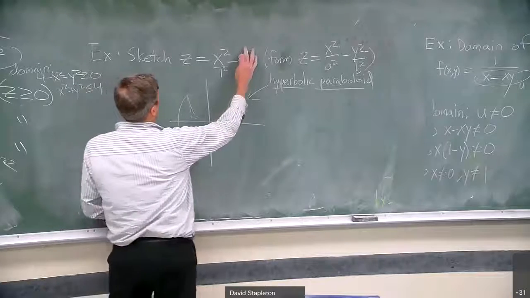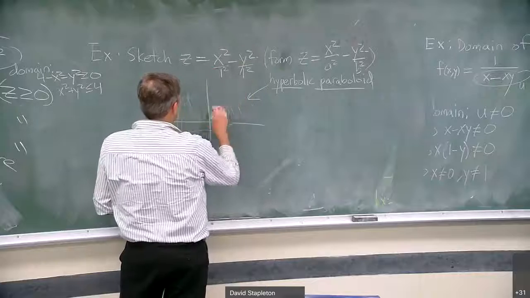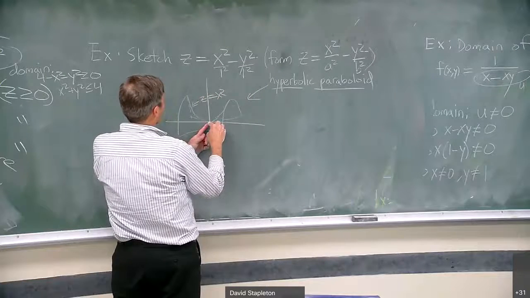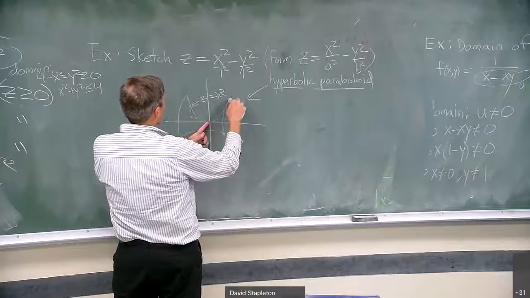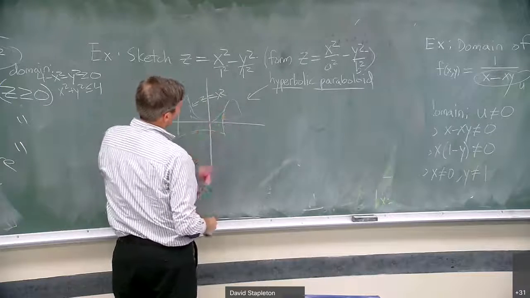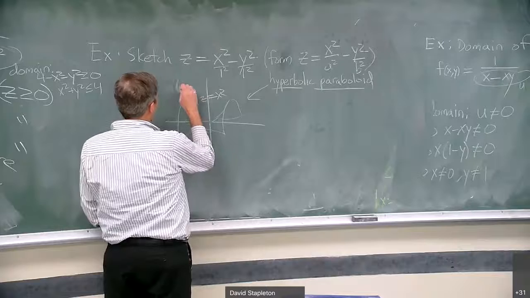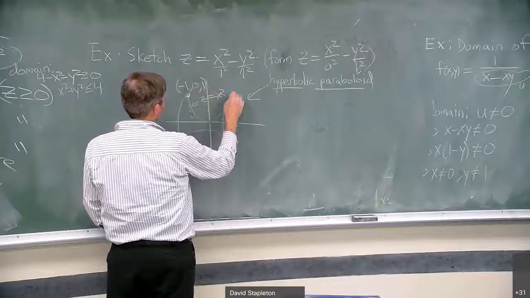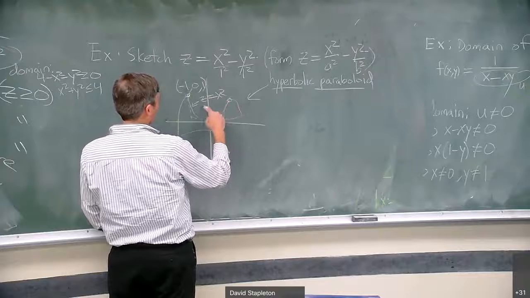Like if you put y equals 0, this is the curve z equals x squared. So you can put in some specific points: 0, 0, 0, 0, 1, 1, and minus 1, 1 in the xz plane with y equals 0. Maybe this is minus 1, 0, 1 here, and this is on the parabola z equals x squared.